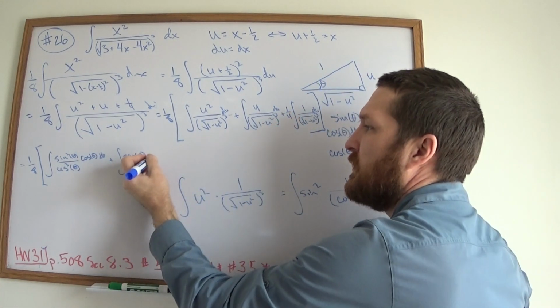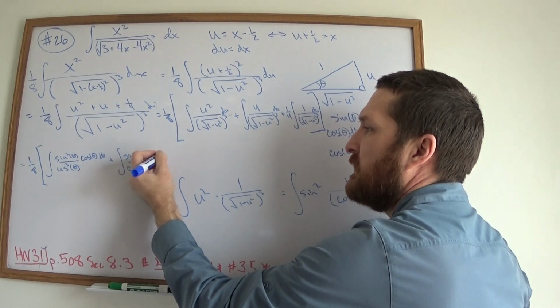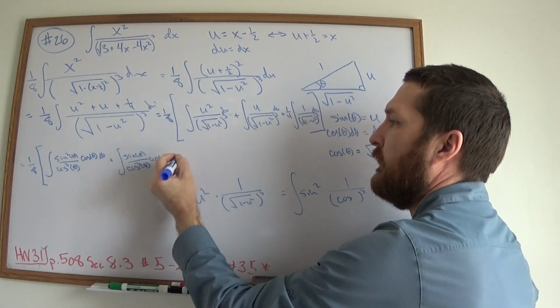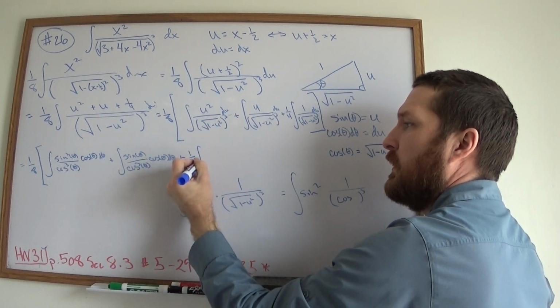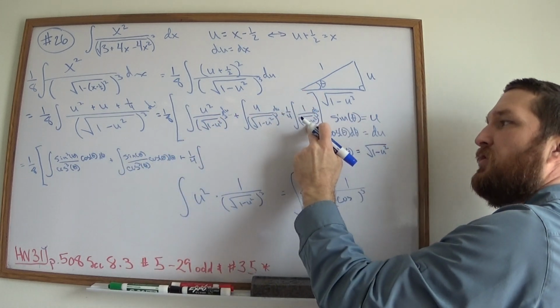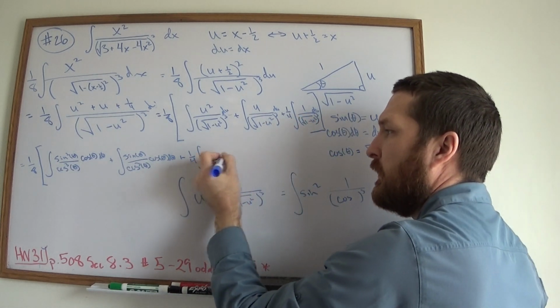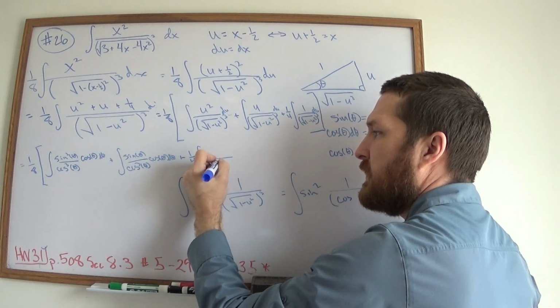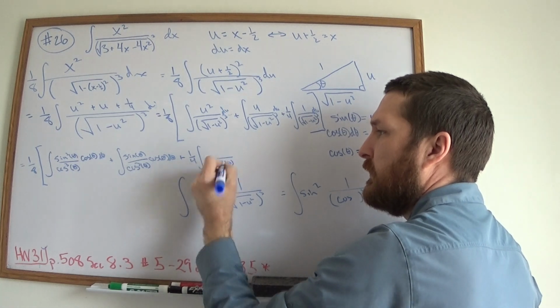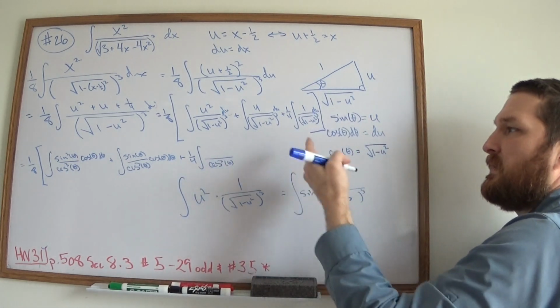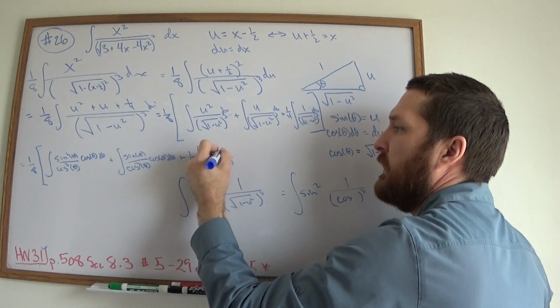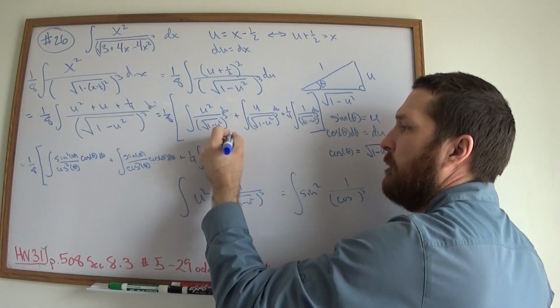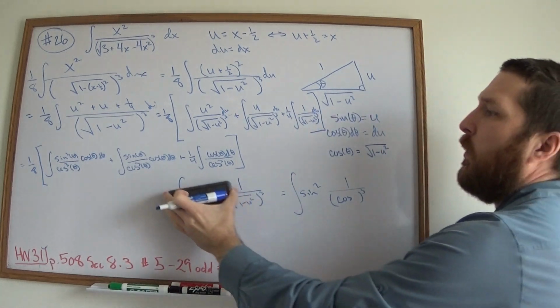Now times cosine theta d theta. Plus, I pulled out the quarter. 1/4 times 1 over cosine cubed theta. What's on the top? The du becomes cosine theta d theta. Whoa.